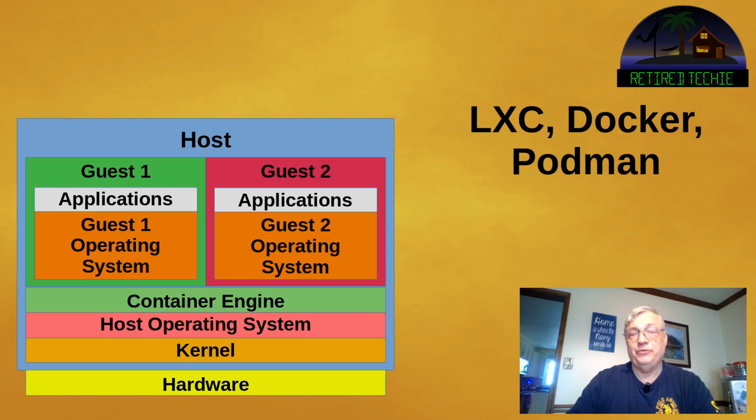Same with guest 2 if it was running Debian 12. You can do this depending on how similar your systems are. For the most part, it should work. I mean, if you run Fedora on top of Debian or Arch, you may run into issues. Maybe not. But this also implies that your guest is running a similar operating system to your host, so you can use the host kernel.